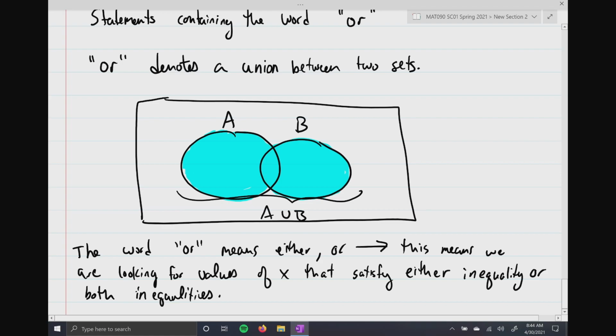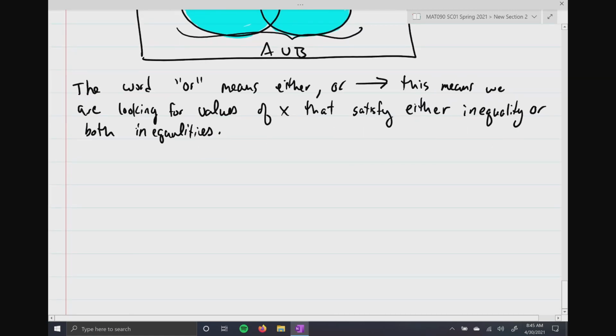So if you think about it, the union will generally have, in fact, I want to be careful because it's been a long time since I've studied set theory, but unions have larger sets than intersections, because intersections have to satisfy both. Unions, it's either or. Okay? So let's look at a simple example here.